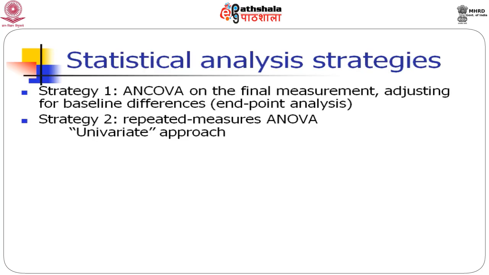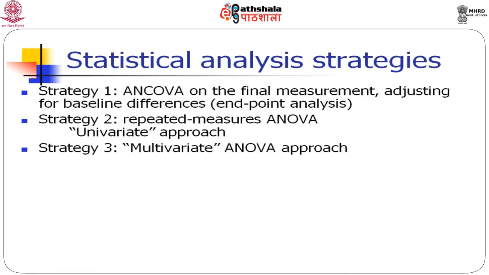Then this is the analysis of covariance, and the second strategy is where analysis of variance can be applied, but a little bit different, with repeated measures. I will explain what is repeated measures analysis of variance. The strategy 3 is multivariate ANOVA approach, which may be beyond the limitation at this stage. We may consider it later on.